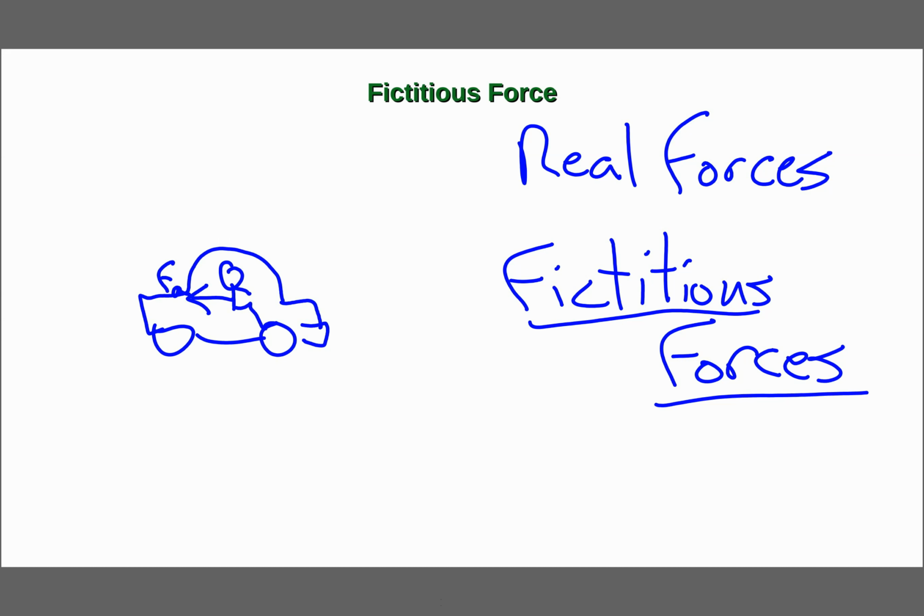So let's think about what's actually happening. We stomp on the gas in the car, and the car accelerates forward. Okay? You, on the other hand, are sitting here in the car, and you have inertia. And without something to push on you, you're just going to keep going the same velocity. So if the car was stopped before you stomped on the gas pedal, you're just going to sit there, right?